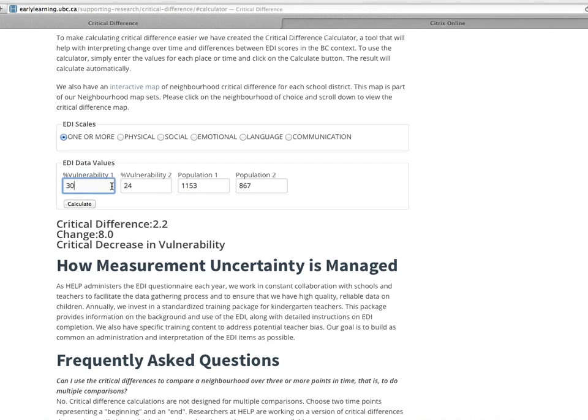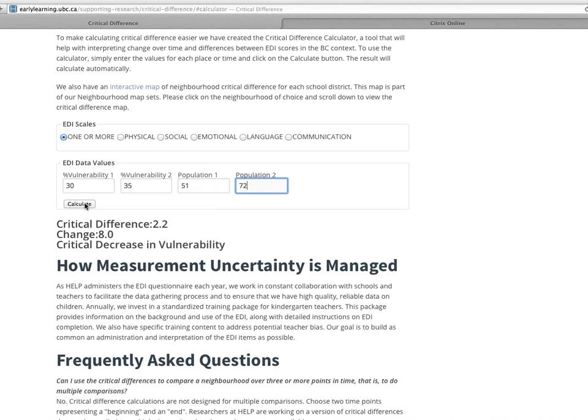So now I'm going to look somewhere else. I'm going to look at Nisga'a in the same waves 2 to 5, and Nisga'a went from 30 to 35%. And they had a population of 51 and 72. And this is on one or more scales.